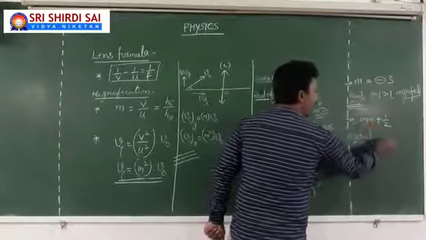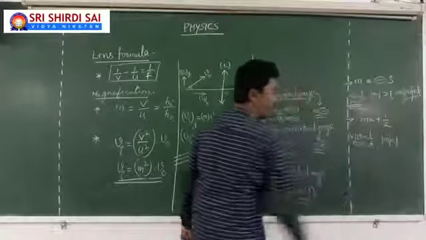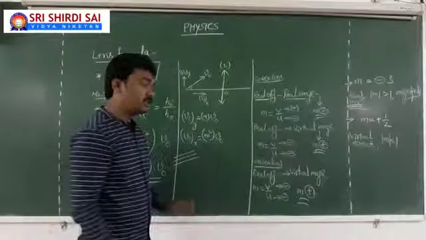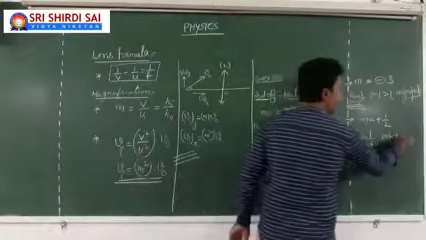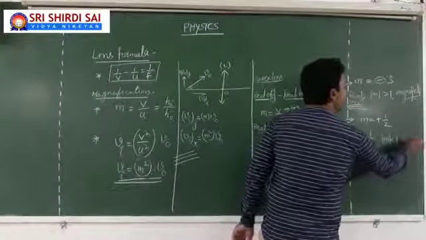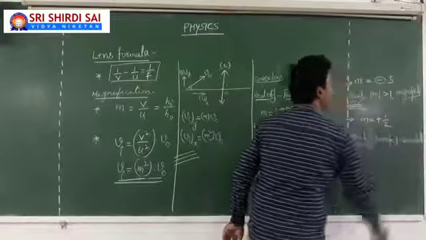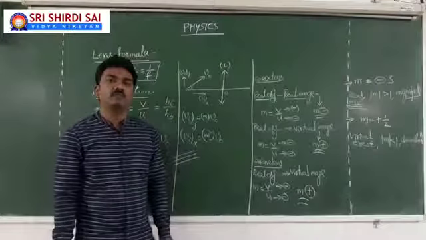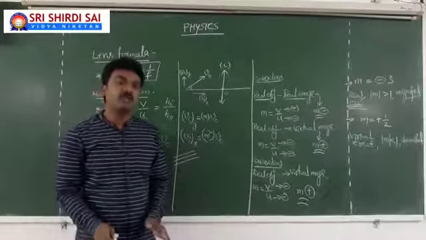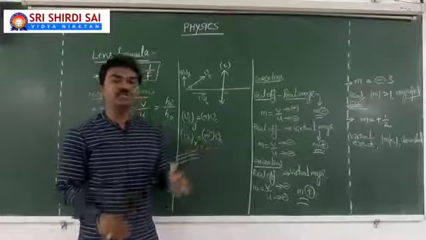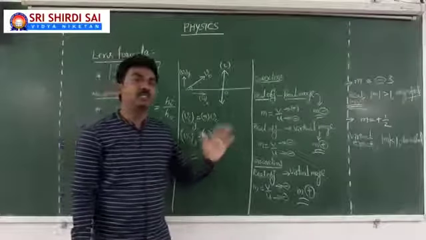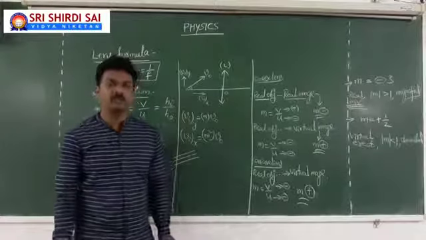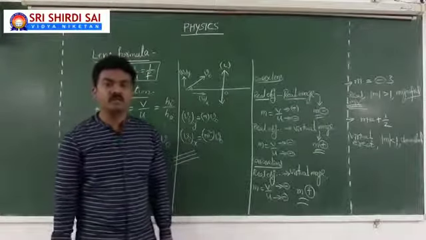But here you can see modulus of M is less than 1, since 1 by 2 is less than 1, so your image is diminished. So a virtual, erect, diminished image. In which lens will you come across this situation? A concave lens.